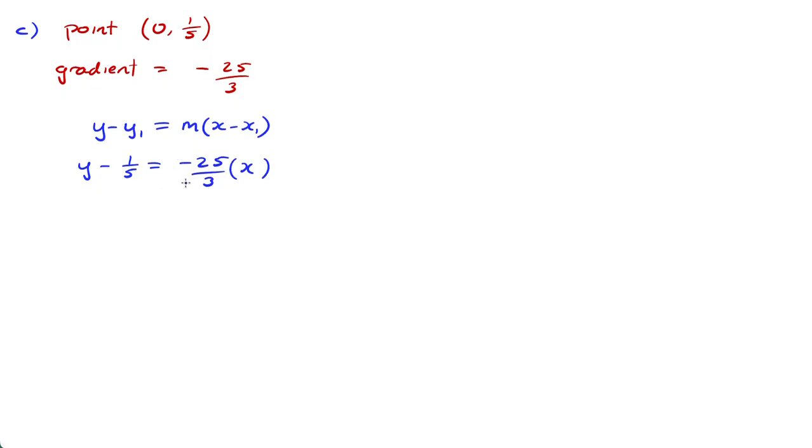Then I'm going to multiply across by 15, because the 15 will remove the 5 and the 3. So 15y, this times 15 is 3, and this times 15 is 5 times this, which is minus 125x.